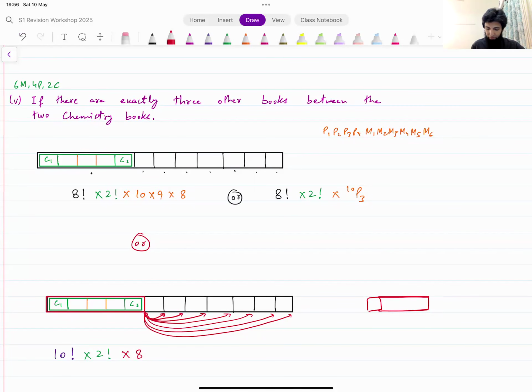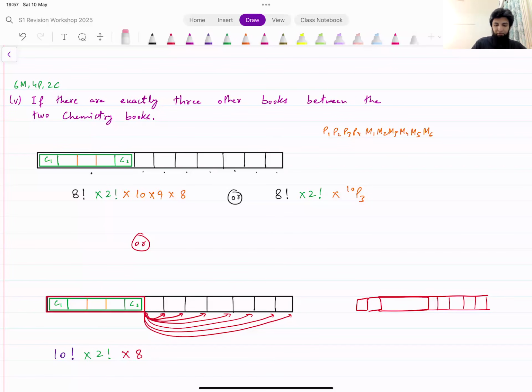And then 1, 2, 3, 4, 7. So we could have 6 boxes on the right side. This could be another possibility that the big box is in this place. Then another possibility could be that you have 2 boxes on the left side and 5 on the right side. That could be another possibility, and so on.